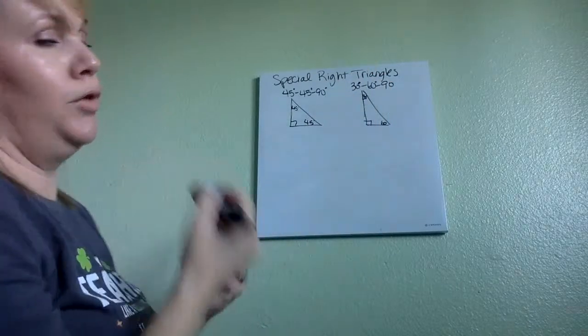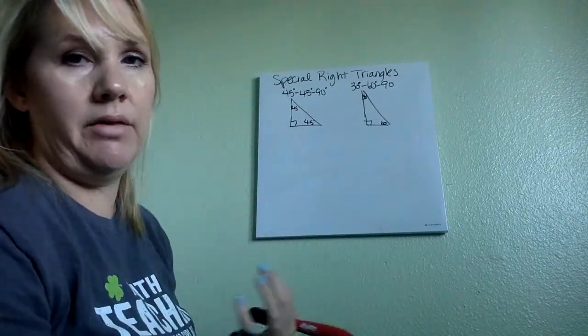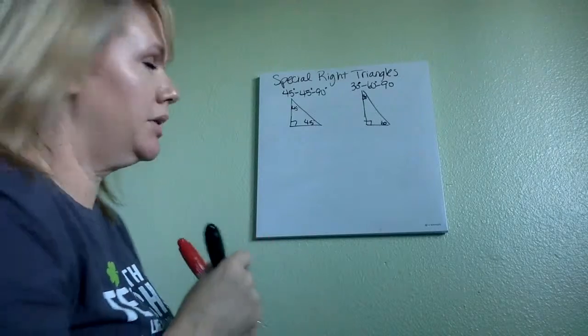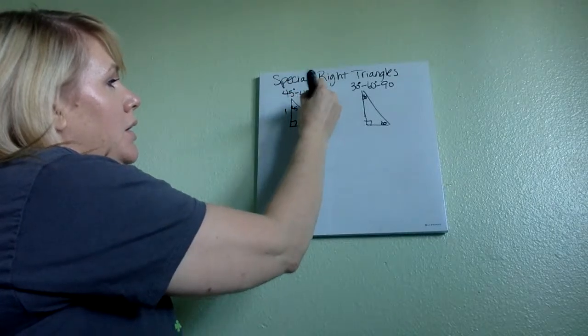On the 45-45, I could totally explain to you how these are derived. If you want to know how to do that, I would be more than happy to explain that to you. But the 45-45 has sides 1, 1, square root of 2.